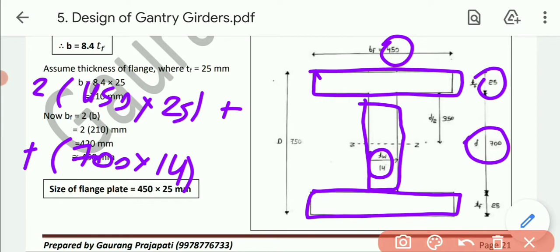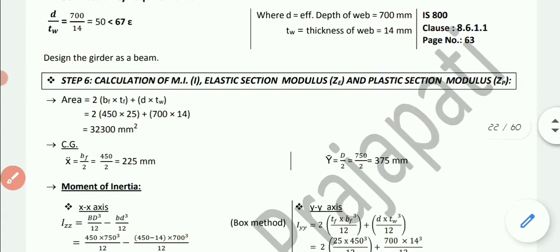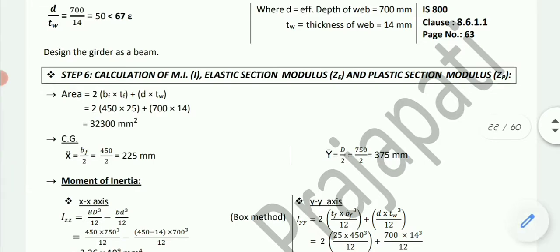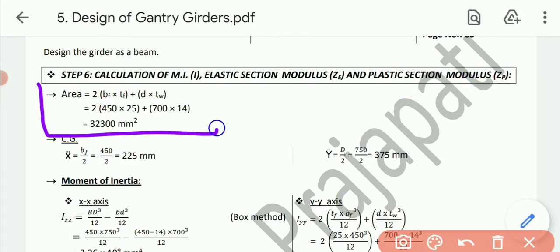So that will be the area of the gantry girder. You can see 2 times 450 cross 25 and web dimension, that is 700 cross 14. So I will get the area 32300 mm square.